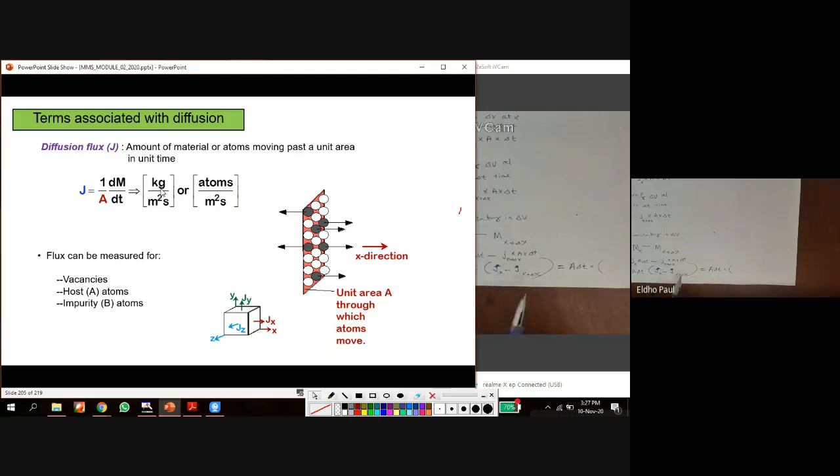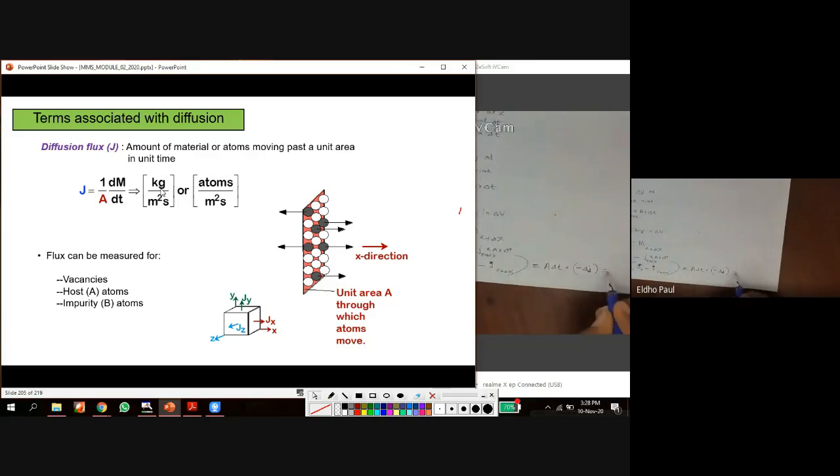So here we can give minus delta J, because Jx plus delta x is the higher quantity. So Jx minus Jx plus delta x gives a minus. So we got delta M equal to A delta t into minus delta J.